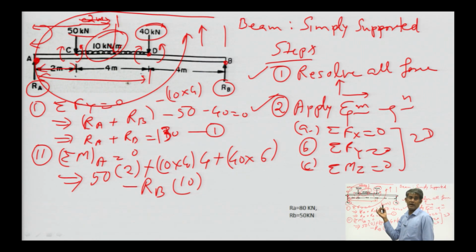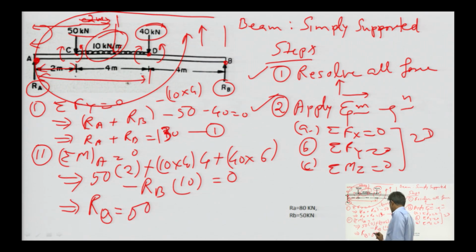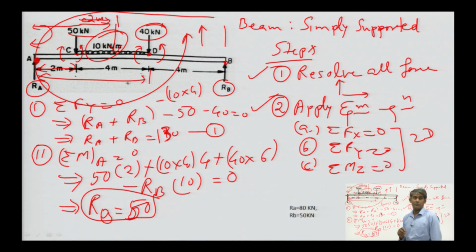Since no other force is remaining here, equate it to 0. So, by solving this equation, we will have the value of R B as 50. It is 50 Newton.